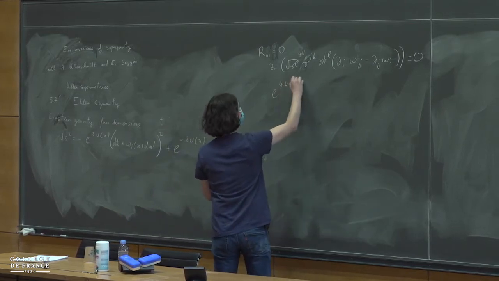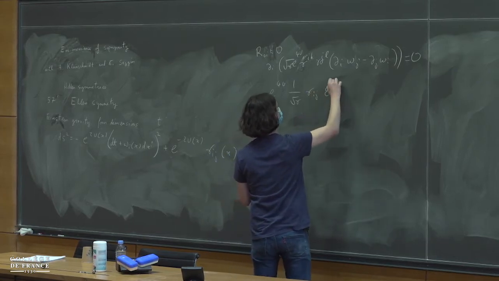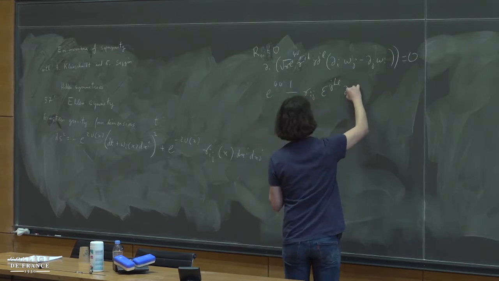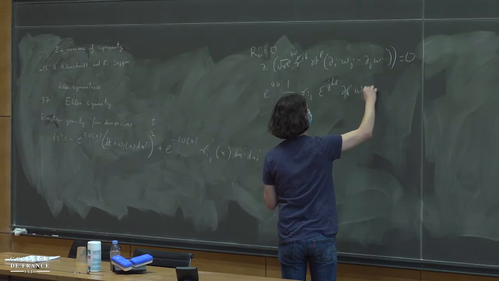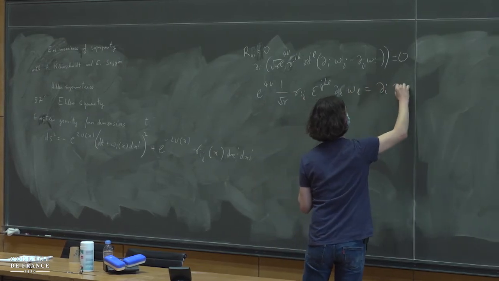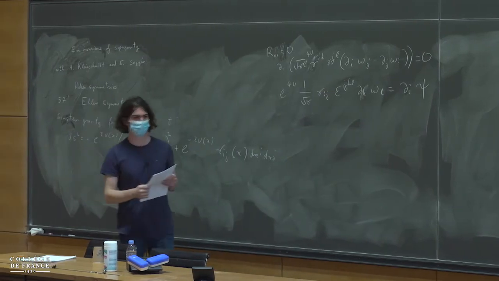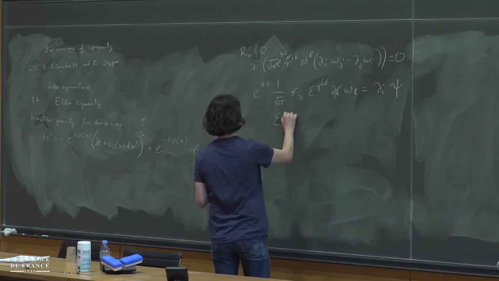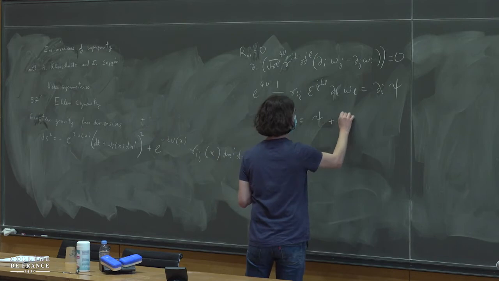So I just write 1 over square root of γ_ij, ε_jkl, the epsilon antisymmetric tensor, Levi-Civita tensor, is equal to the gradient of some function ψ. And so the idea of Ehlers is just to write all the equations now in terms of a scalar function, the so-called Ehlers potential, which is ψ plus i exponential of u.